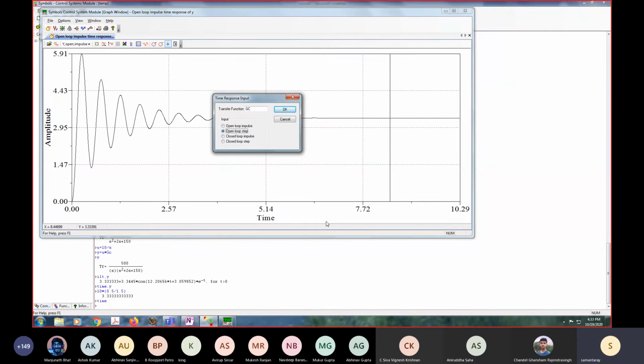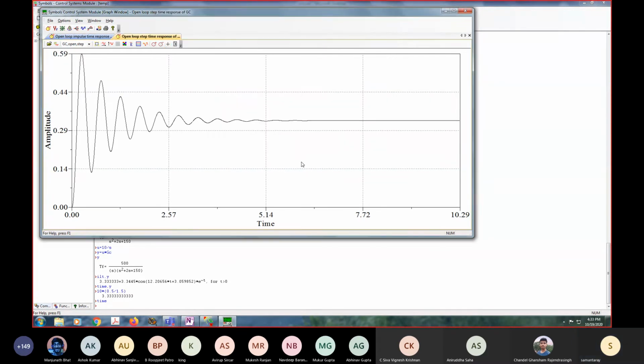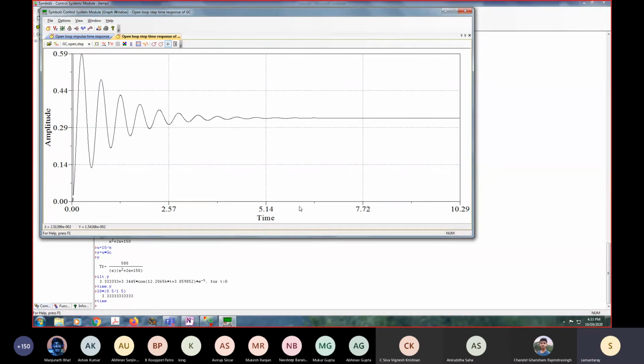Input by default is 1. It's not 10. So my response will not be 3.333, it will be 0.333. You see here, that is the same thing.